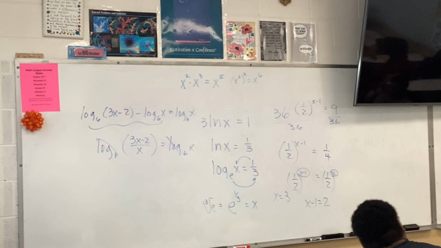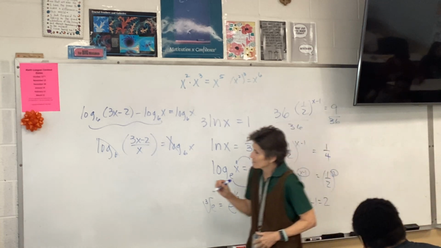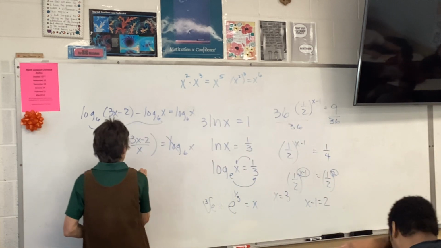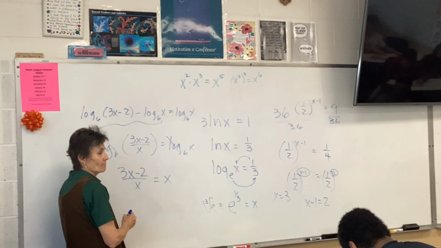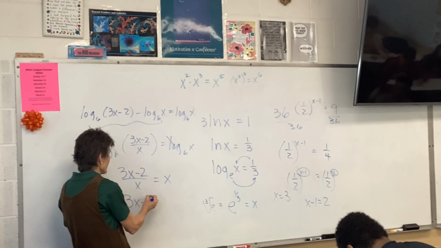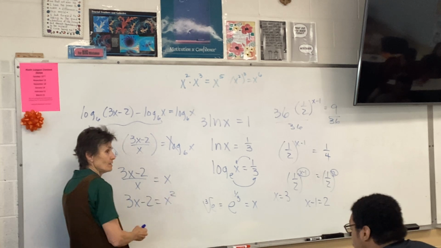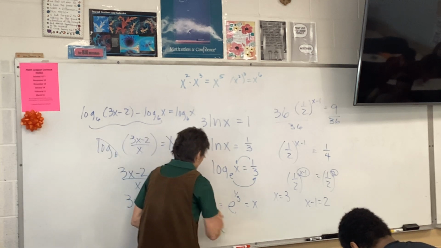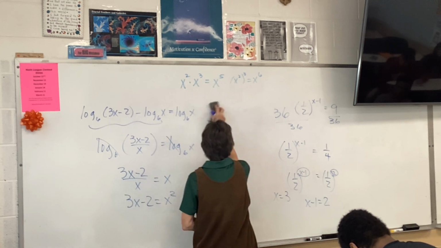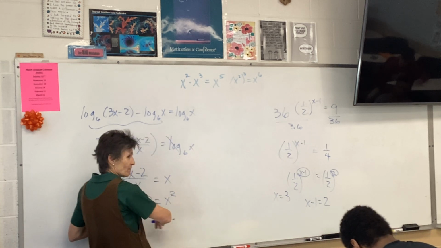Okay. All right, let's finish this. So we have 3x minus 2 over x equals x. So 3x minus 2 equals x squared. What do I do with that? Move everything over.